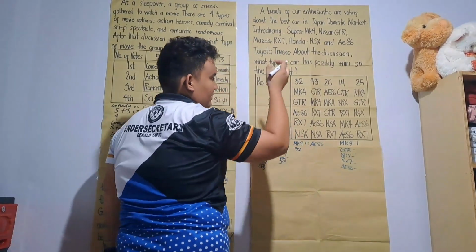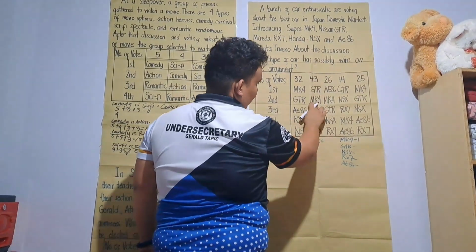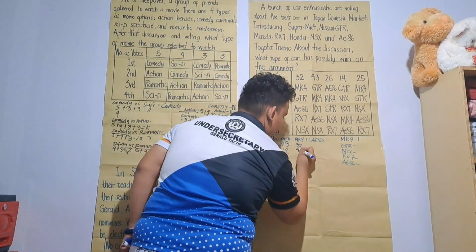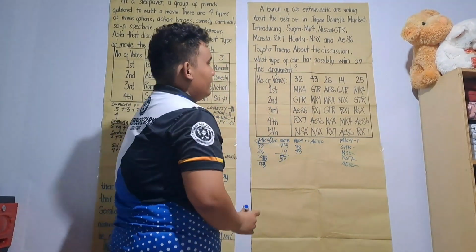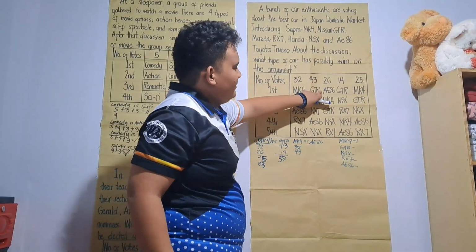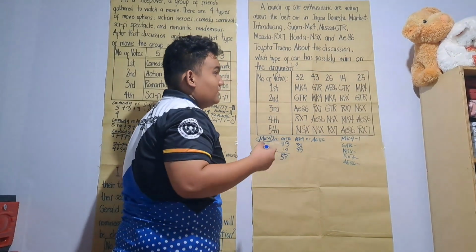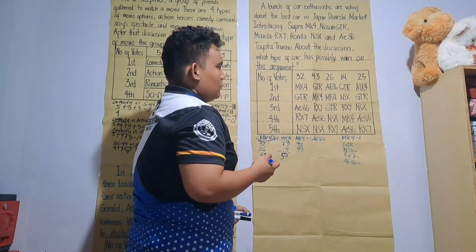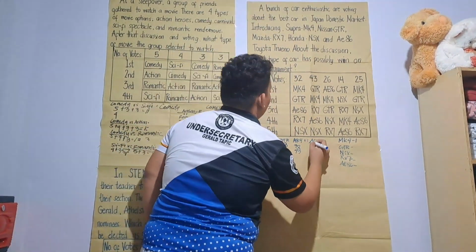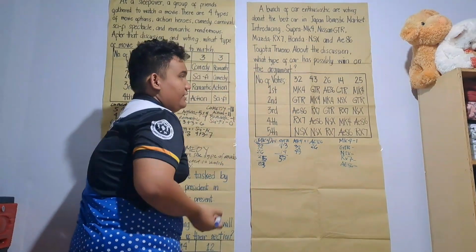In the second column, the 43 votes go to MK4 because MK4 is first than AE86. Then in the third column, the 26 votes go to AE86 because AE86 is the best for them.